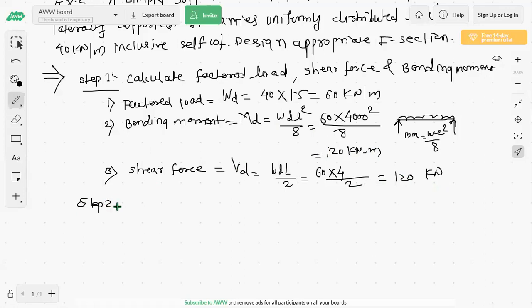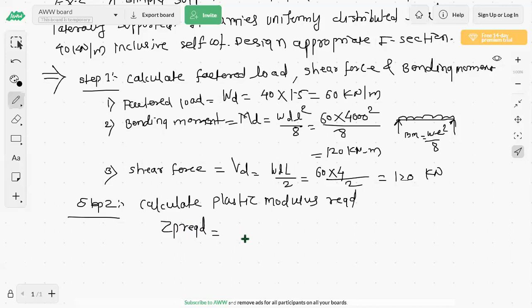Now step 2. Step 2, calculate plastic modulus. Plastic modulus required, that is nothing but ZP required.